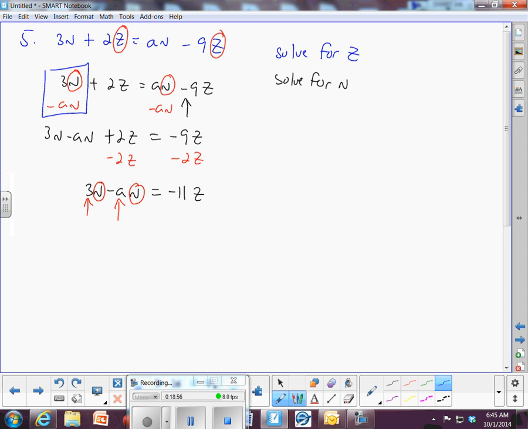Let's suppose I had n times the quantity 3 minus a, and I wanted to distribute. I would go n times 3 equals 3n, and I would go n times negative a equals negative an, right? Wouldn't that be doing the distributive property?